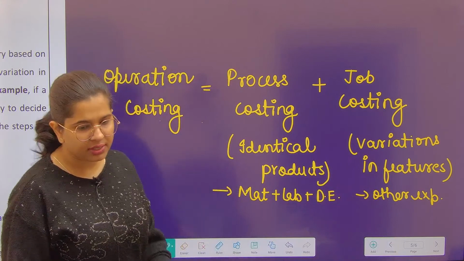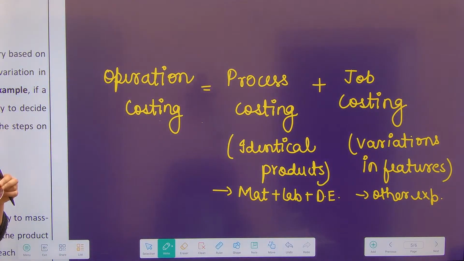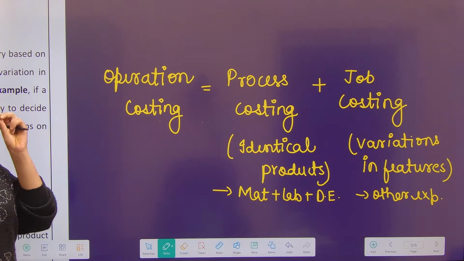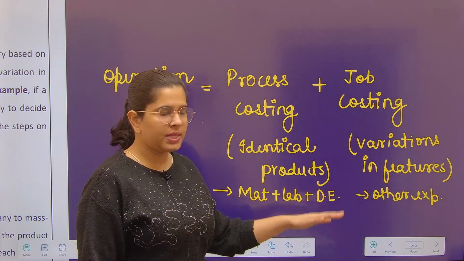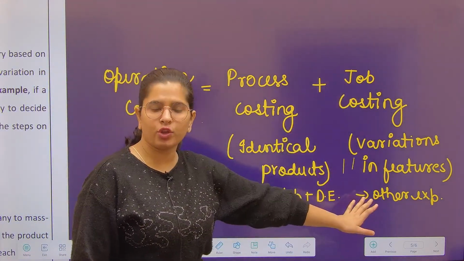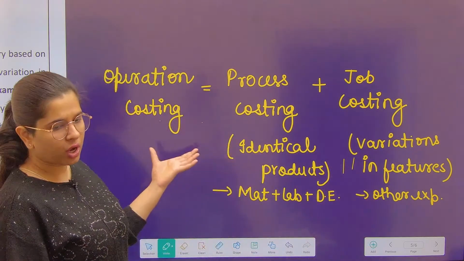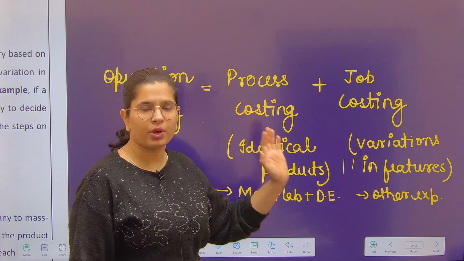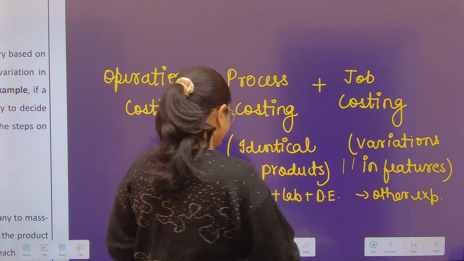So this is the main difference between both of these types of costings. Material, labor, direct expense and other expenses, whatever you have incurred in order to add on the features. So operation costing will be the sum total of process and job costing. That is what we are going to study.